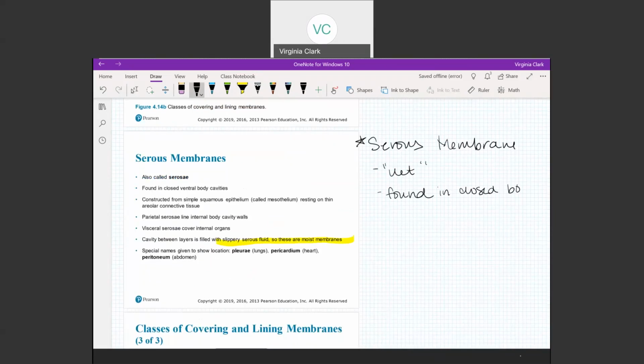So an example of this would be like the lungs and the heart, things that do not have an exterior entrance to the environment. The epithelial tissue is going to be simple squamous, usually, and the connective tissue is going to be loose areolar tissue. And that's what's going to make up this type of serous membrane.